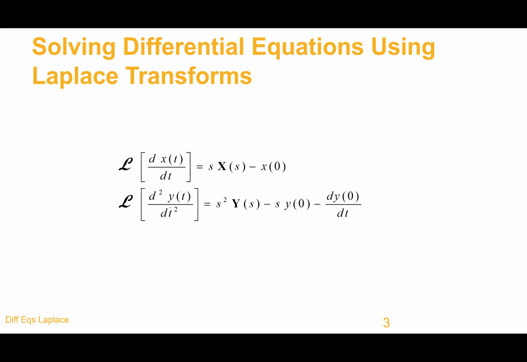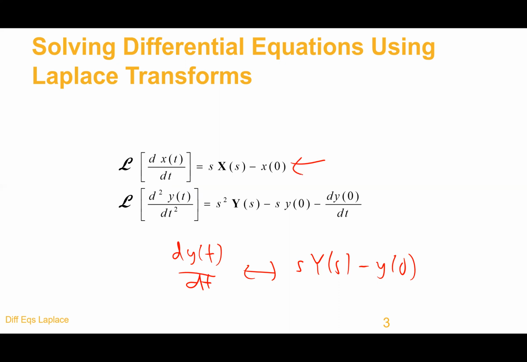If you differentiate it once, you're multiplying. So we have dy(t)/dt is a Laplace transform pair with sY(s) minus y(0). That's basically this equation, with y instead of x.